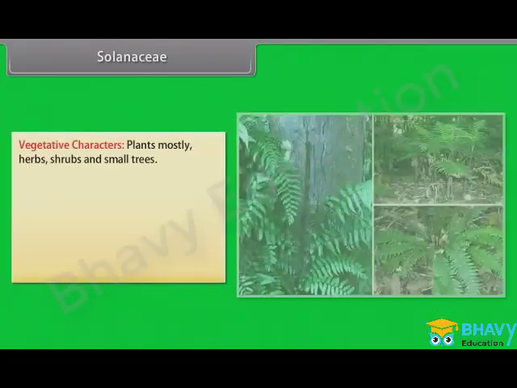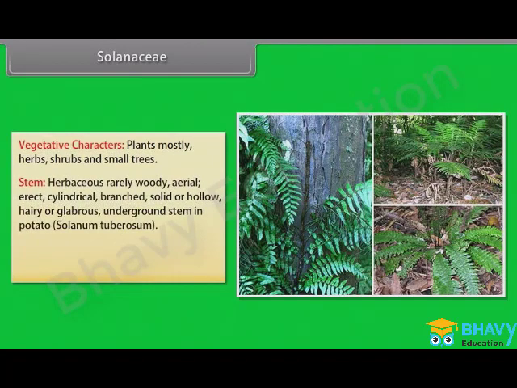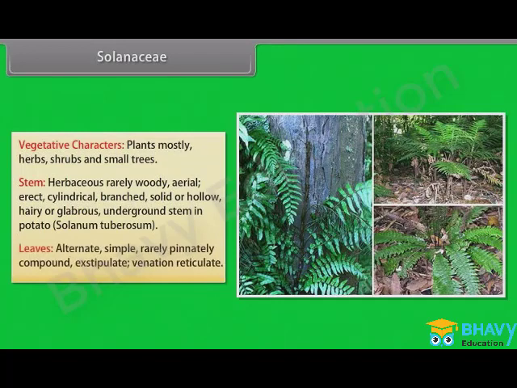Vegetative characters. Plants mostly herbs, shrubs, and small trees. Stem. Herbaceous, rarely woody, aerial, erect, cylindrical, branched, solid or hollow, hairy or glabrous, underground stem in potato, Solanum tuberosum. Leaves.